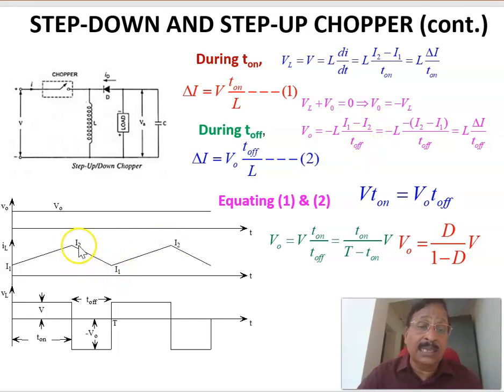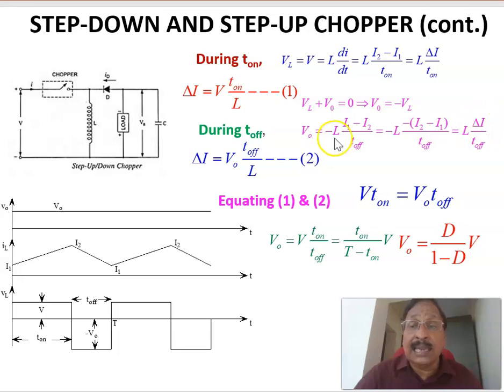Therefore, I1 minus I2 over that period T off is equal to minus L (I1 minus I2) divided by T off, or minus L into minus of (I2 minus I1) divided by T off. I2 minus I1 is taken as delta I. Therefore, this minus and minus cancels, or L into delta I by T off. Therefore, that is the output voltage during the off period, which is equal to L delta I divided by T off.